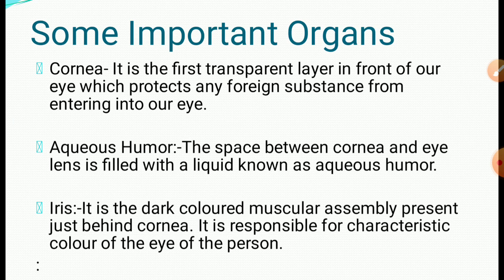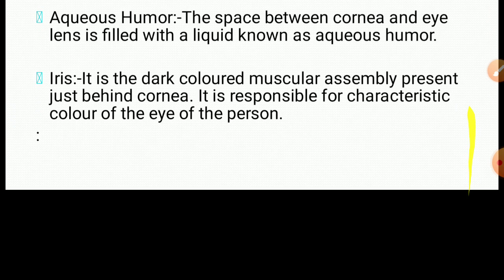Aqueous humor, the space between cornea and eye lens is filled with a liquid known as aqueous humor. Iris, it is the dark colored muscular assembly present just behind the cornea. It is responsible for the characteristic color of the eye of the person.